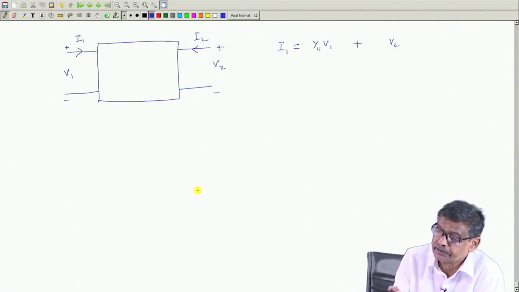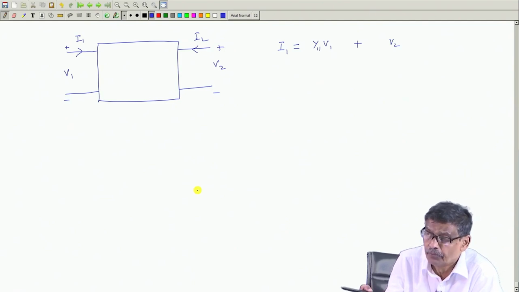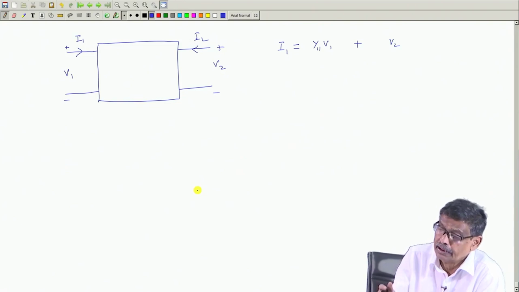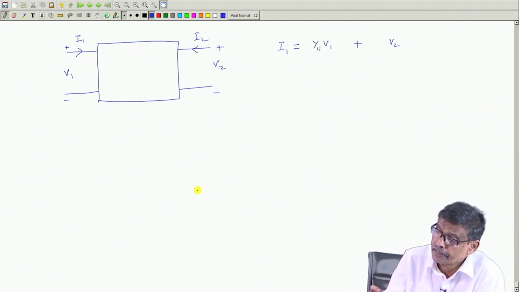What is the dimension of Y 11? This side it is ampere, this side it is volt. Therefore, this coefficient must have a dimension of mho, that is 1 over ohm, and this quantity I will write like this.